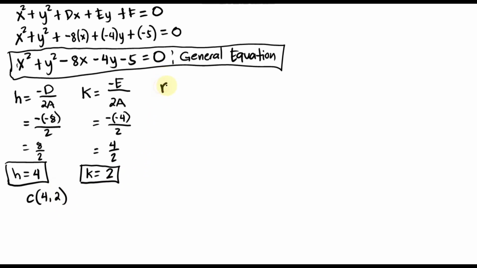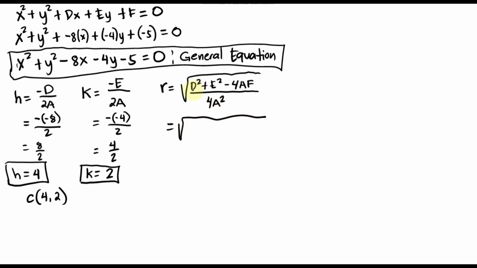How about yung r? So ang radius, that is square root of d squared plus e squared minus 4af over 4a squared. That is the formula in finding the radius. So substitute natin, we have square root of value ng d, that is negative 8.